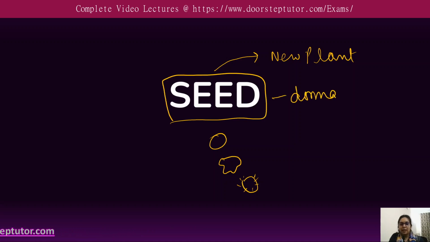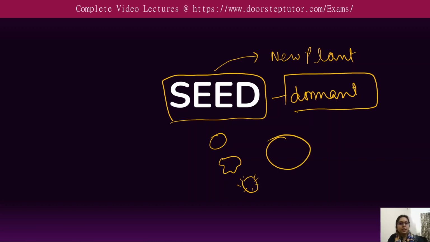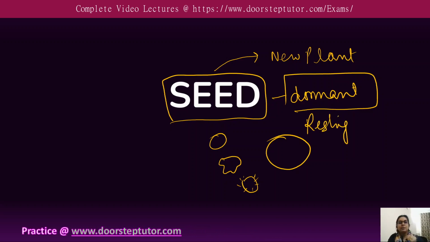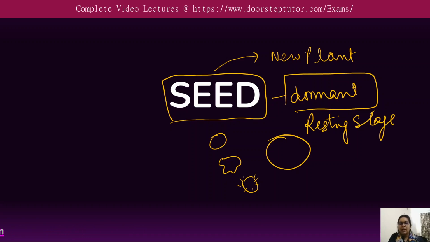Dormant condition means that the seed is present in the soil, resting in the soil. The resting stage is known as the dormant condition, and whenever the environmental or atmospheric conditions are optimal for the growth of the seed, then the seed germinates.